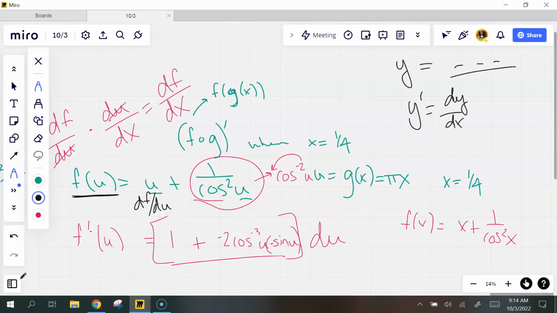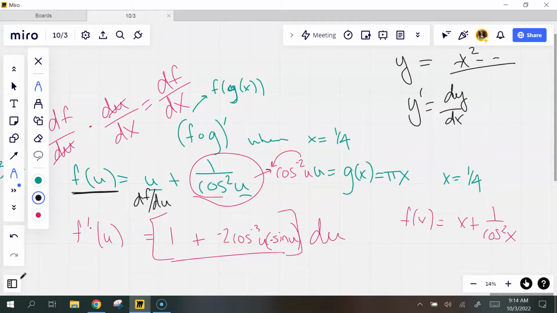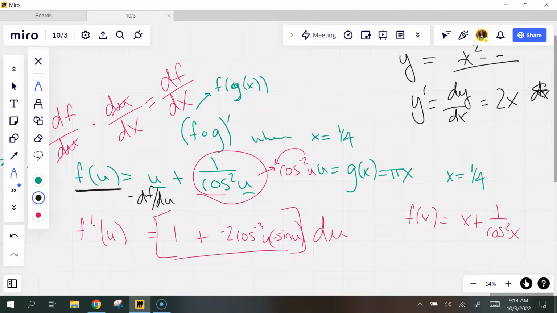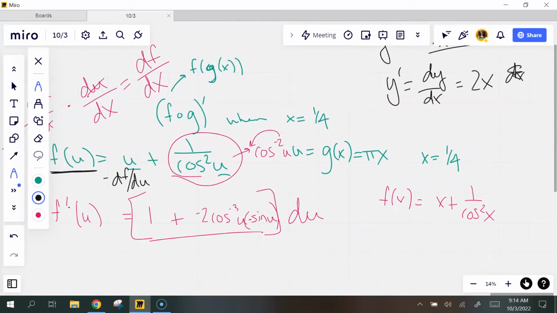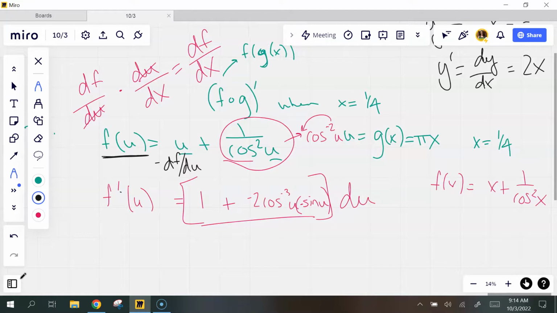That means I take the derivative of y with respect to x. If this is x squared, then this would be 2 times x. Here we always said we do this dx, but it's always 1, because the derivative of x is 1. So it's irrelevant.